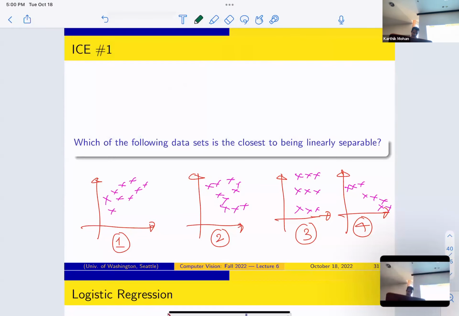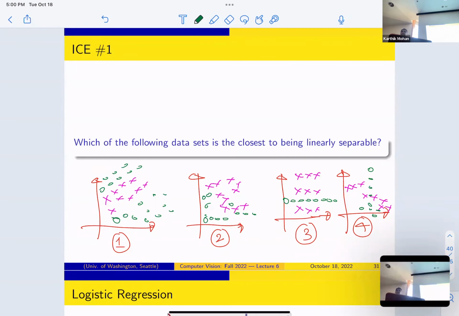Let's look at the other class. All right. So let's say these are 4 data sets with 2 different classes, the cross and the circle.